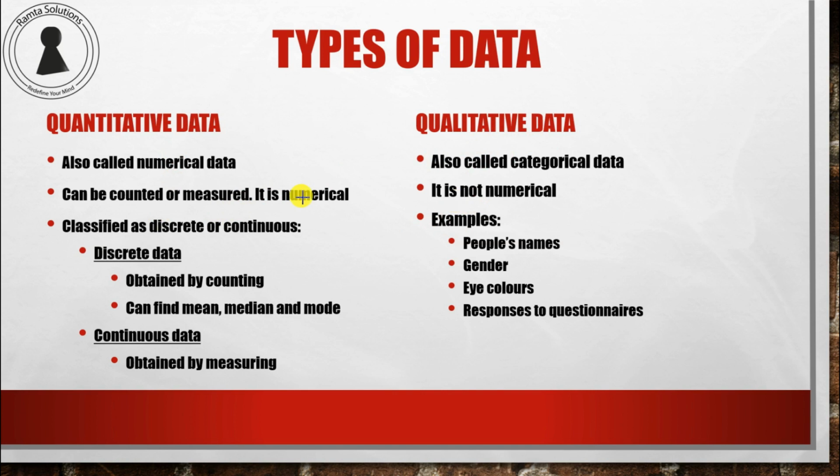Now, further, under quantitative data, it can be classified as discrete or continuous. Discrete data is obtained by counting. So when you have quantitative data and you find things that you count, you must know that it's discrete.